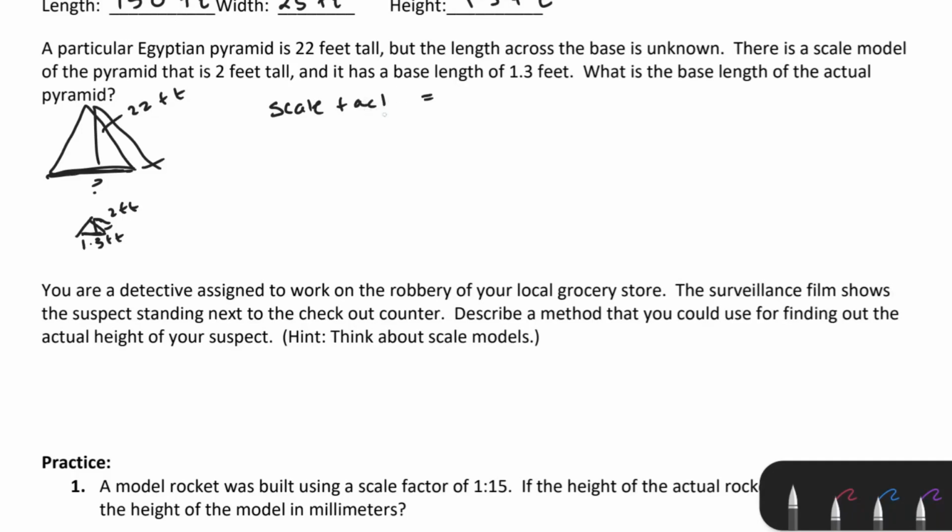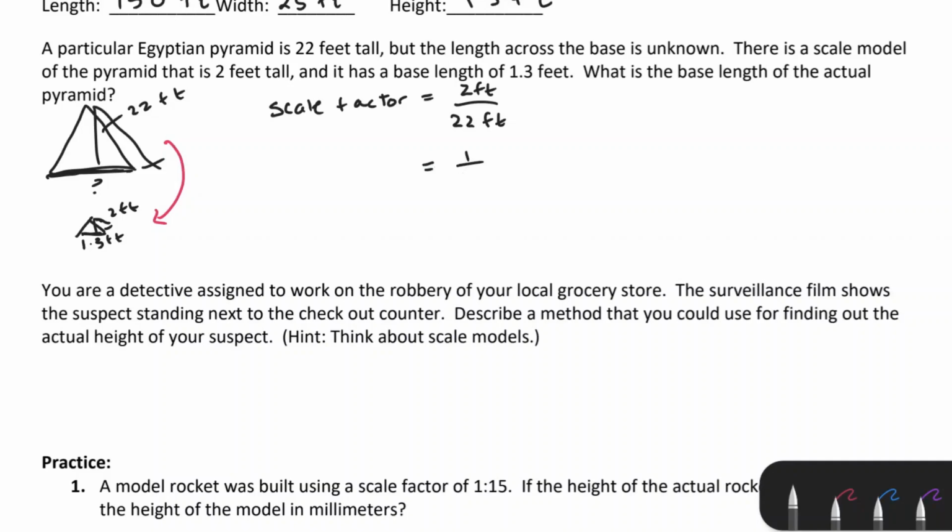In this case, it's up to you which one you're considering new and which one you're considering old, as long as you're consistent. Let's say we're scaling down. I'm going to go from the real pyramid to the model pyramid. So my new measurement, my model, has a height of 2 feet, whereas the original has a height of 22 feet.